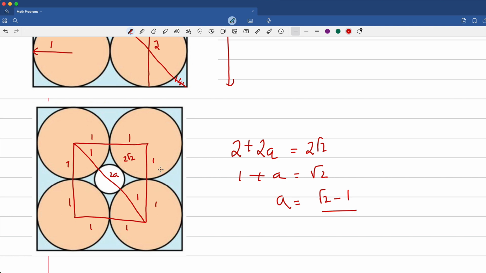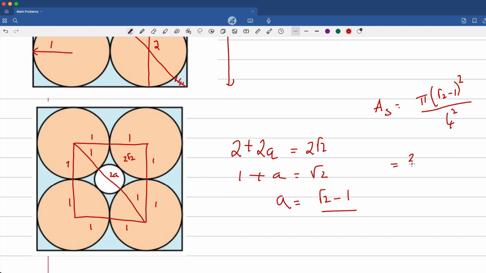So the area of the small circle would be pi times root 2 minus 1 whole square, divided by the area of the entire square, which is 4 square.